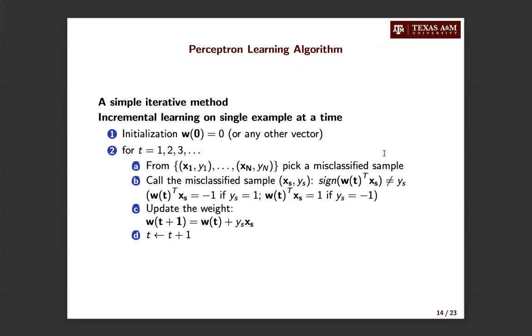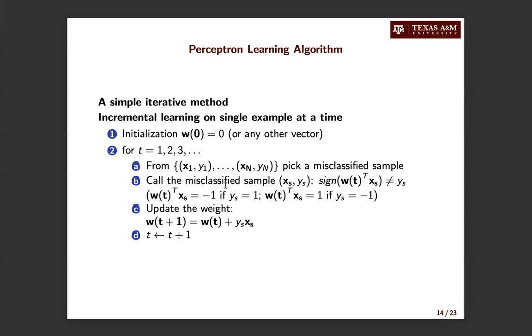So if we were to write this in a more formal way in pseudocode, we will first randomly initialize our line, or the vector that is perpendicular to our line, W0. And after that, for as many iterations as needed, we would identify which of our samples from x1 through xn are misclassified. After we identify our misclassified samples, we can randomly pick one misclassified sample.